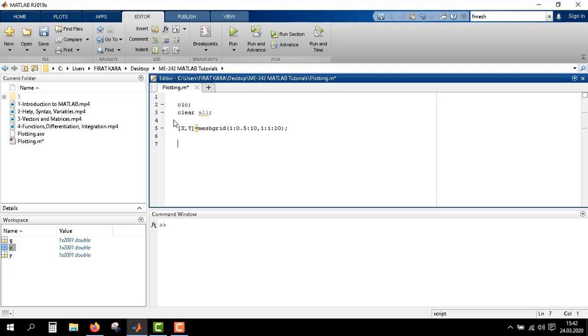Okay, let z equal sine of x plus cosine y. Now we have the values of x and y in a grid, but to draw the graph of this surface, you need to use the surf command.